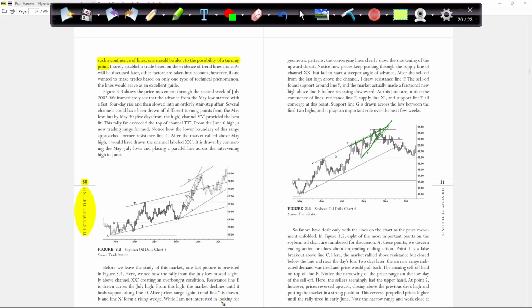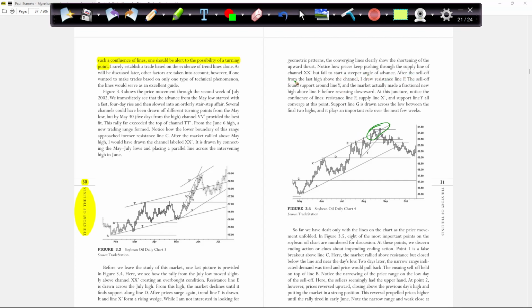While I'm not interested in looking for geometric patterns, the converging lines clearly show the shortening of the upthrust. Okay. Notice how prices keep pushing through the supply line, here, supply line of channel X and X prime, but fail to start a steeper angle of advance.